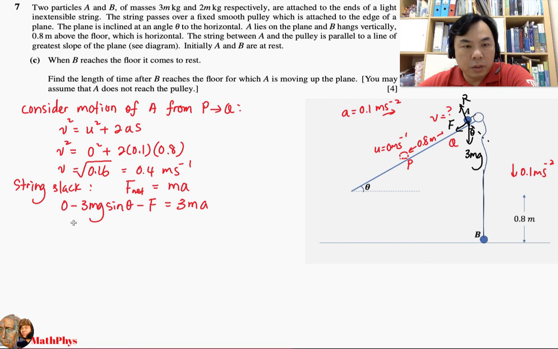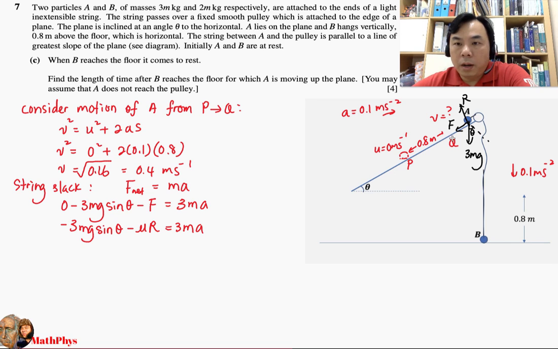So here let us simplify this. Frictional force is given by mu R, and R is given by, by resolving the forces perpendicular to the slope, R is equal to 3mg cosine theta.